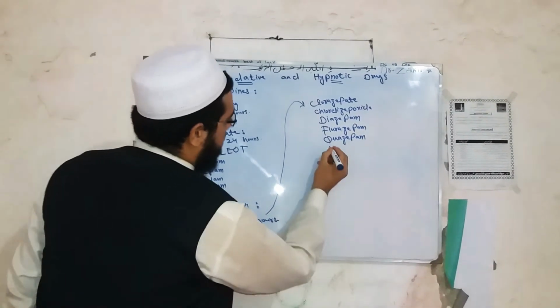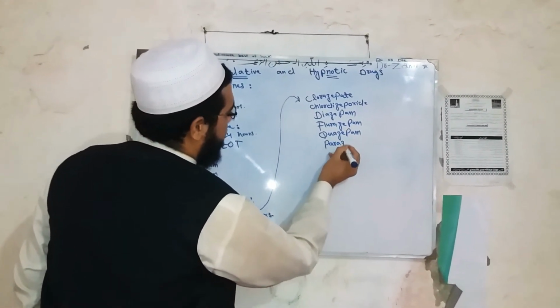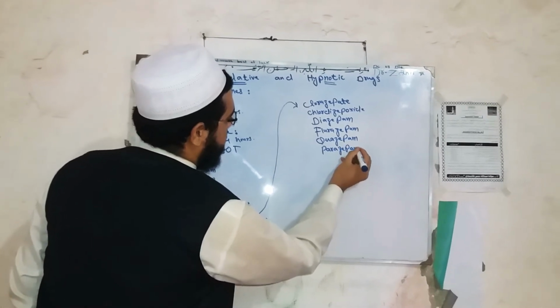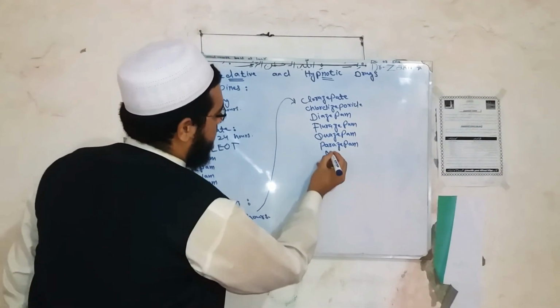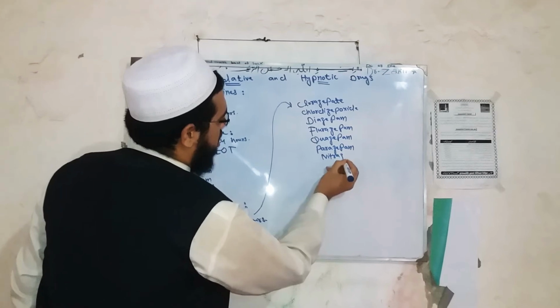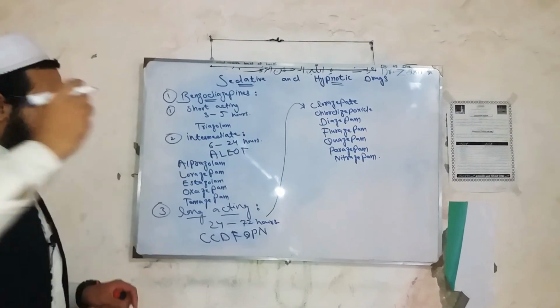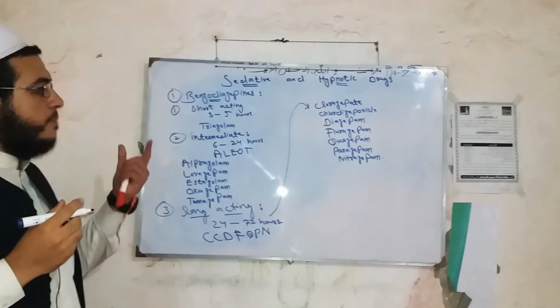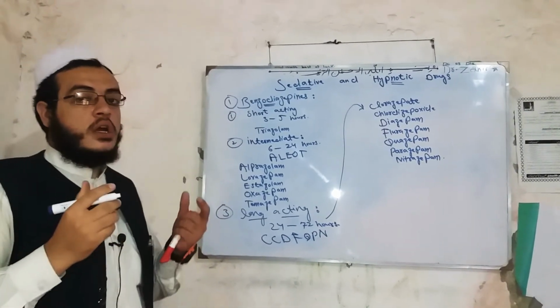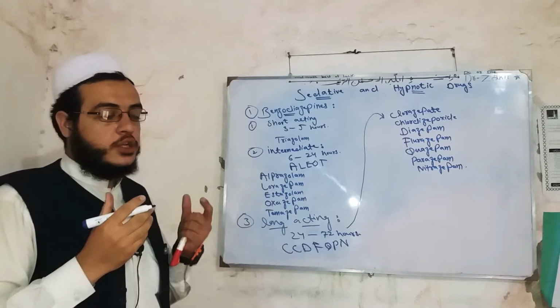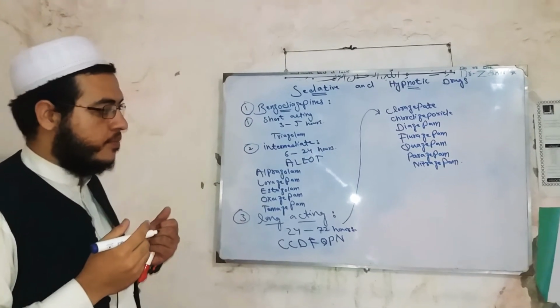From P, prazepam. From N, nitrazepam. So this was the classification of benzodiazepines according to the duration of action.